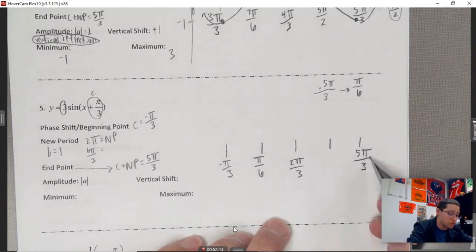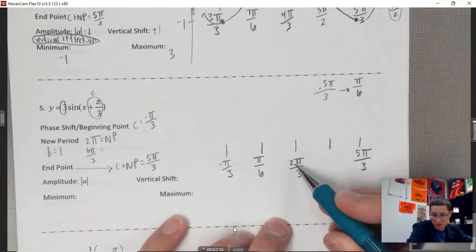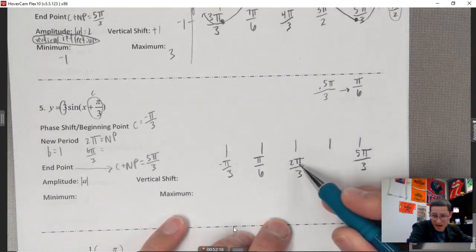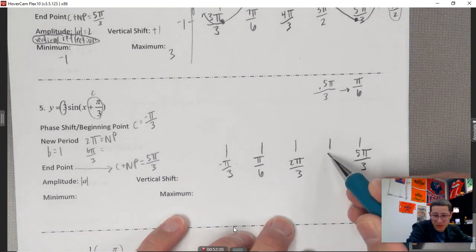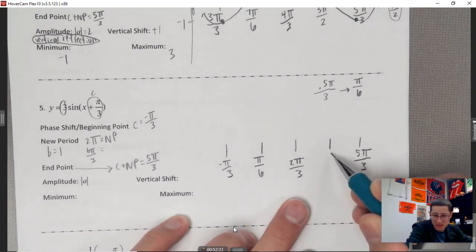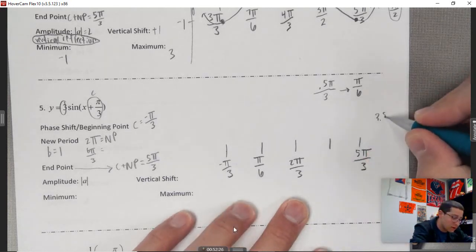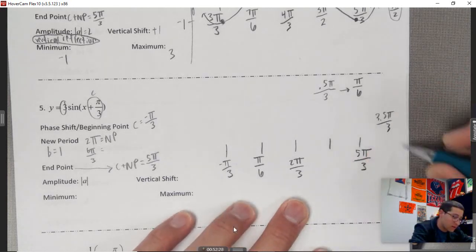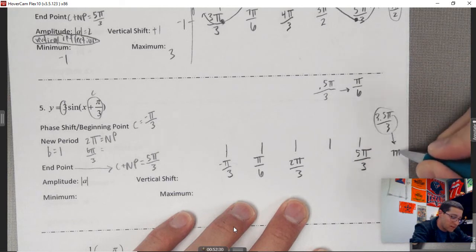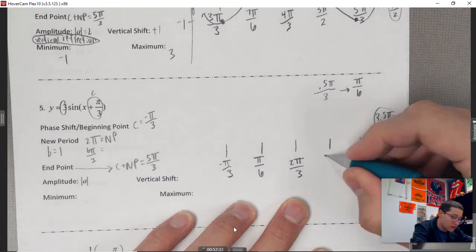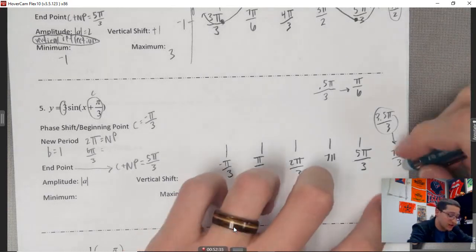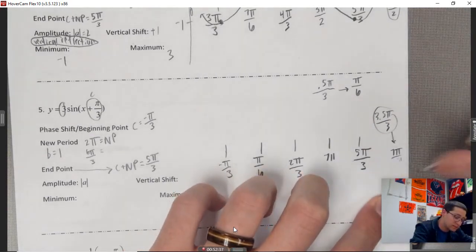2 to 5, so that's adding 3, so adding 1.5 pi over 3. So this part is going to be like 3.5 over 3, but that converts to 7 pi over 6.